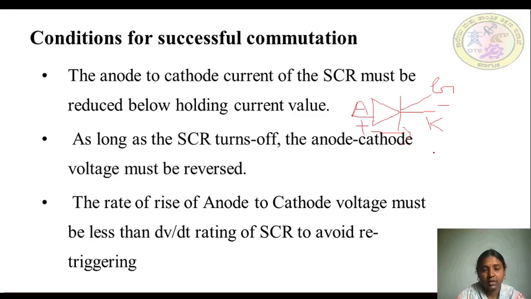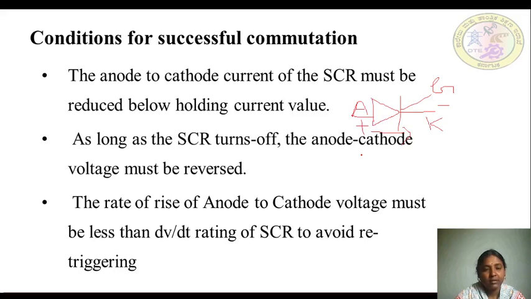You have also studied two different types of current levels: latching current, which is important in turning on an SCR, and holding current, which is important for turning off an SCR. Therefore, anode to cathode current should be brought lower than the holding current value to turn off the SCR completely.